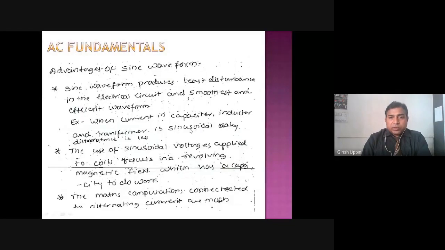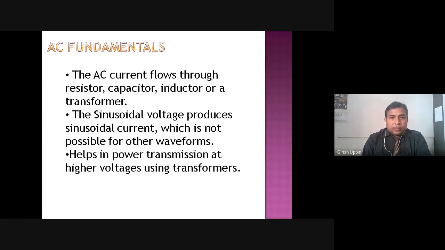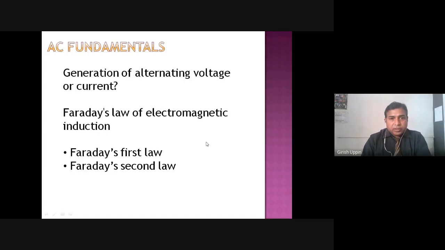So these are the advantages, least disturbance. And one more advantage is that if we apply the three-phase alternating voltage to a three-phase coil, it will result in a rotating magnetic field, which we will see in a later module. Okay, these are the advantages we just discussed.